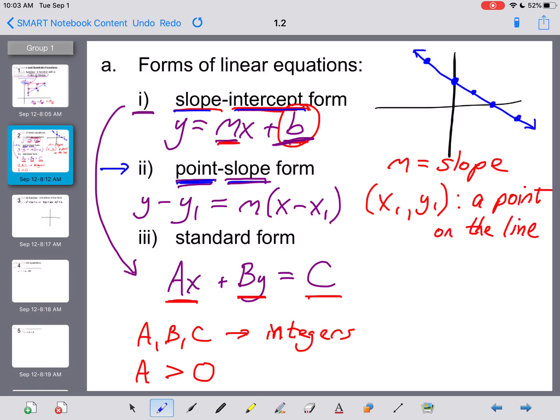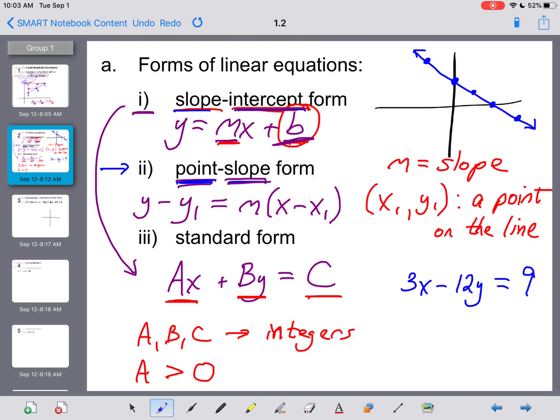Let me show you what I mean. If you were doing all this work right here to get rid of fractions, and you ended up with something like 3x minus 12y is equal to 9. This equation is technically not in standard form. Now, it does meet the first three criteria. The order is right, with x and y on the left and the constant on the right.